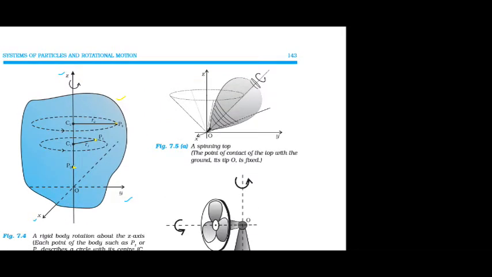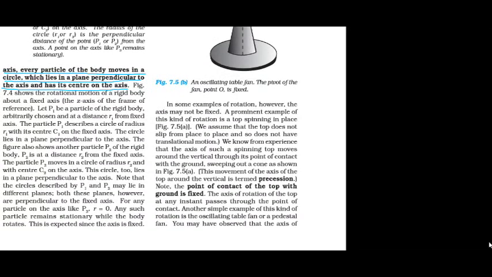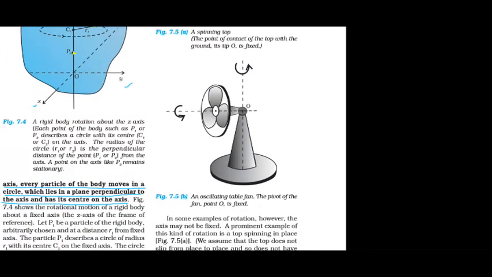Now let us move forward. A few examples, a few figures are given here. In some examples of rotation, however, the axis may not be fixed. A prominent example of this kind of rotation is a top spinning in place, Figure 7.5a. So let us see the figure.